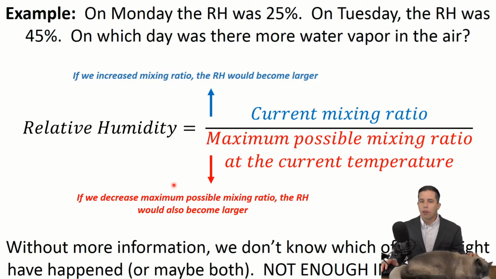If I tell you the relative humidity increases, without more information, you don't know if I added more water to the air or if I just made it colder or a little bit of both. So, relative humidity is ambiguous, and a lot of times when we're dealing with relative humidity, we just don't have enough information to answer questions like this.